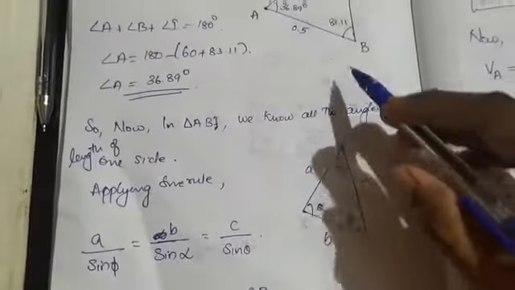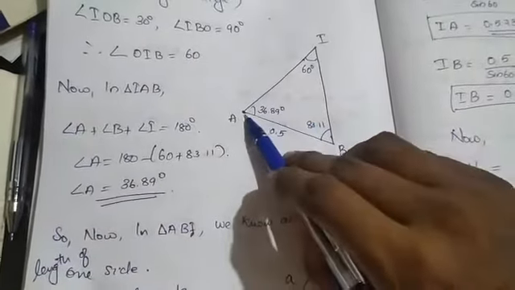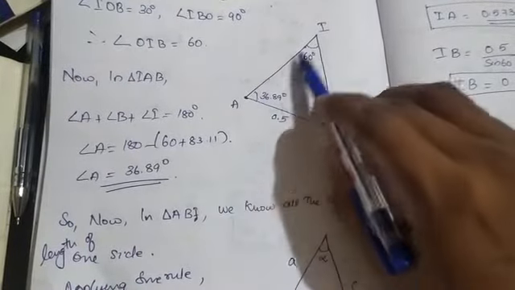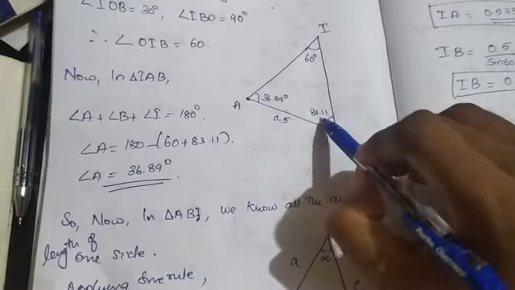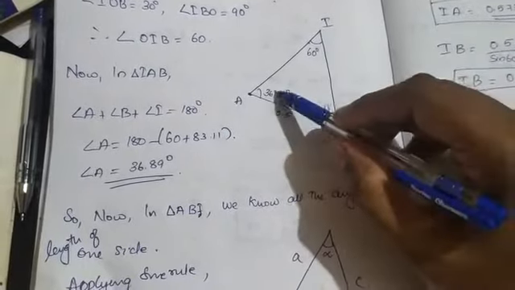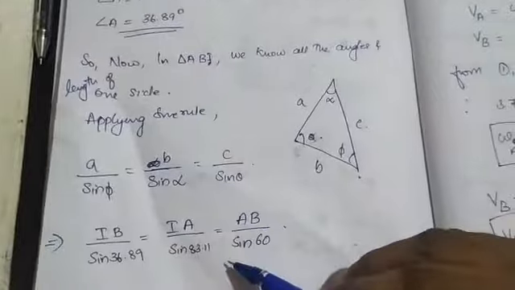So you apply the same here: AB by sine 60 equals AI by sine 83.11 equals IB by sine 36.89. That is what I have written here.